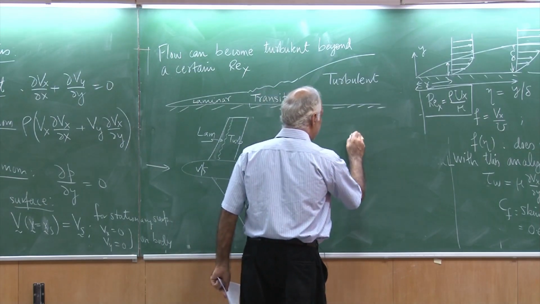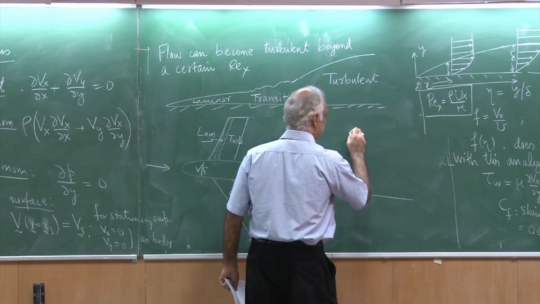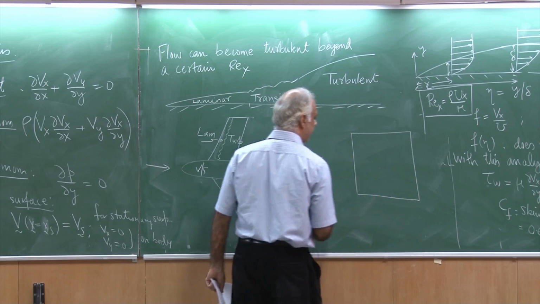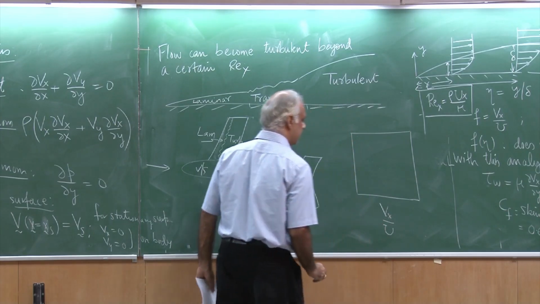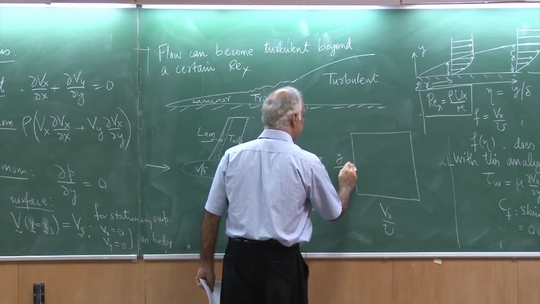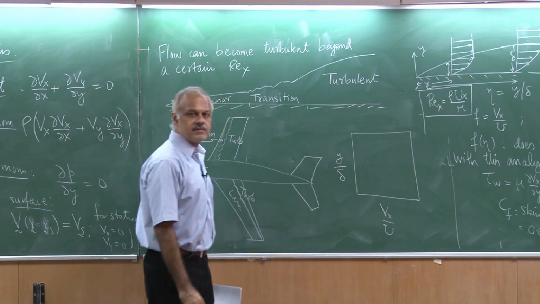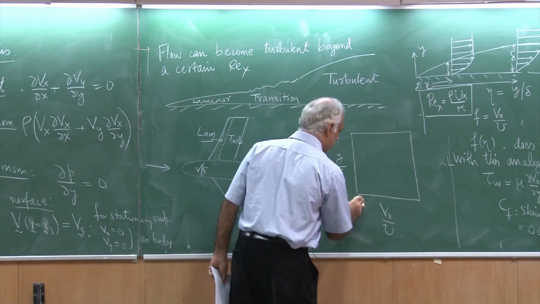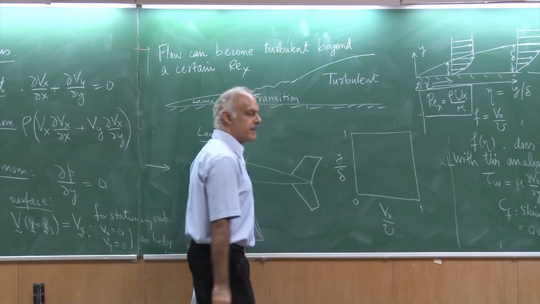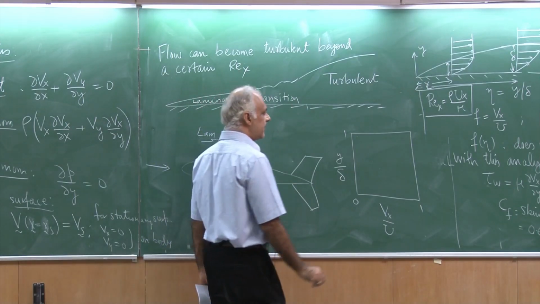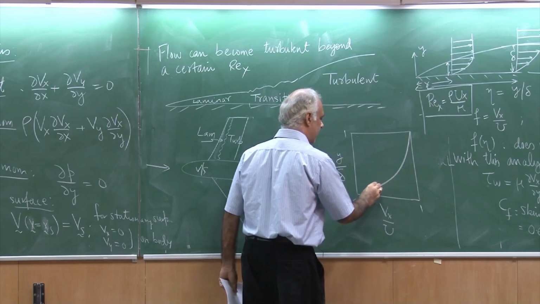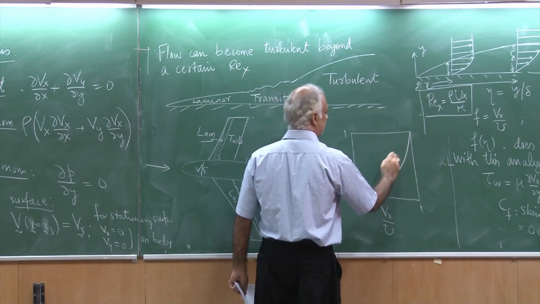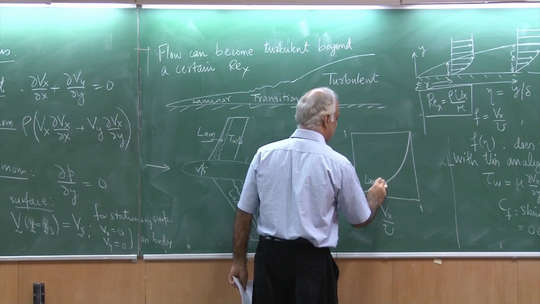If I tried to plot Vx by u versus y by delta, let's say this is 0, this is 1, this is 1. Then we have seen that for a laminar boundary layer, perhaps I would see a profile like this. So this is laminar.